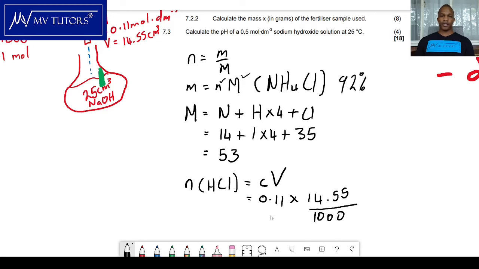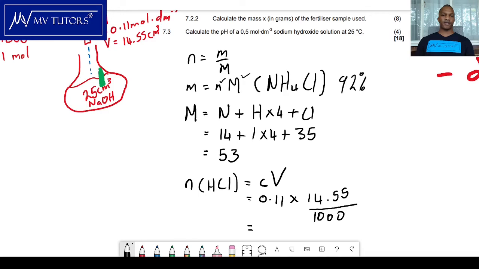Okay, so let's see what that gives us. Let's bring our calculator. So we have 0.11 times 14.55 divided by 1,000.